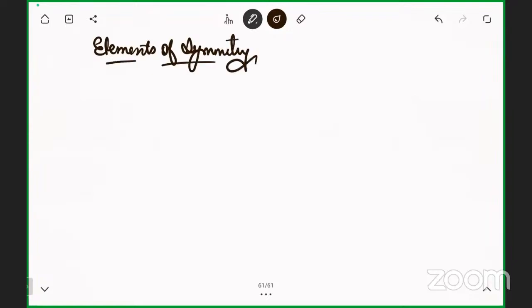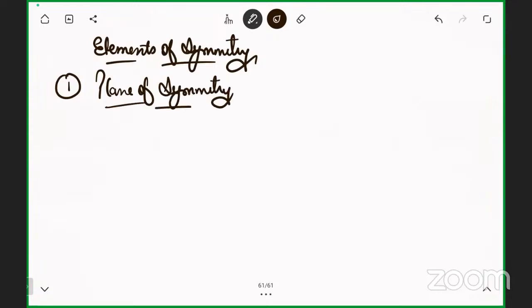Elements of symmetry. See, the first element is plane of symmetry. It means when the compound is having a mirror image.